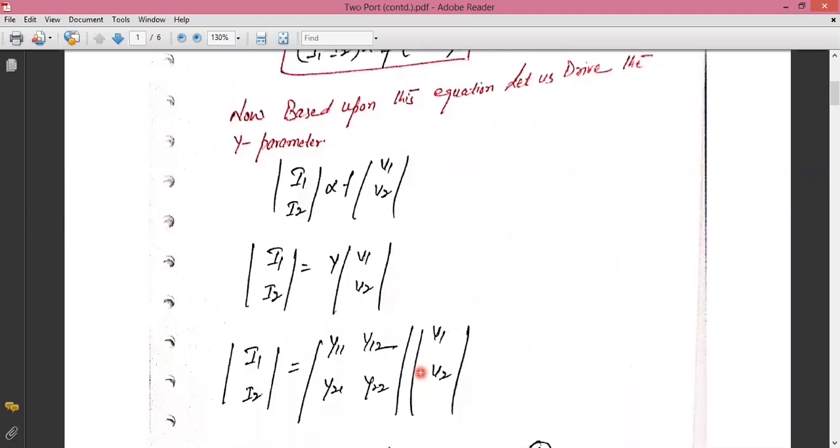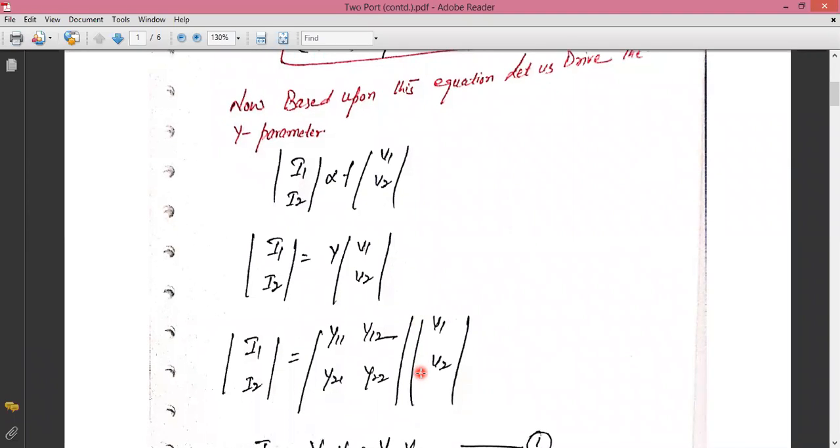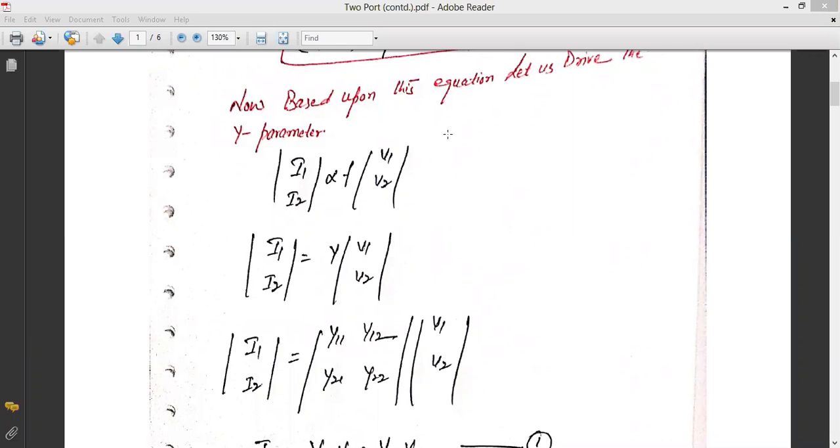After that, this Y is further divided into 4 main factors, that is Y11, Y12, Y21 and Y22. So you have the column I1, I2 equal to the matrix Y11, Y12, Y21, Y22, and on the right hand side you have V1 and V2.